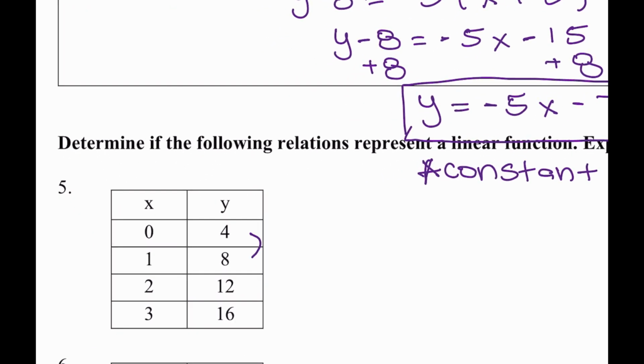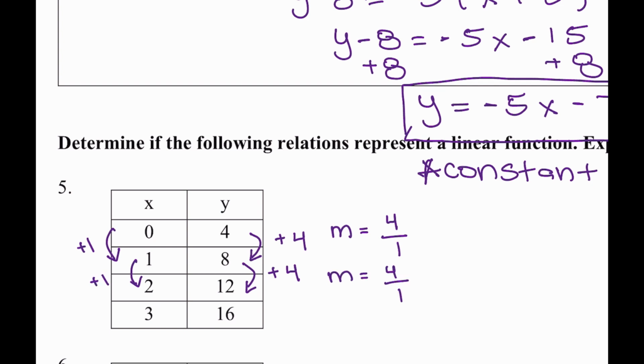To get from 4 to 8, you add 4. And to go from 0 to 1, you add 1. If I was to write that as a slope, that would be 4/1. Change in y over change in x. To go from 8 to 12, I add 4. And to go from 1 to 2, I add 1. Once again, that slope will be 4/1.